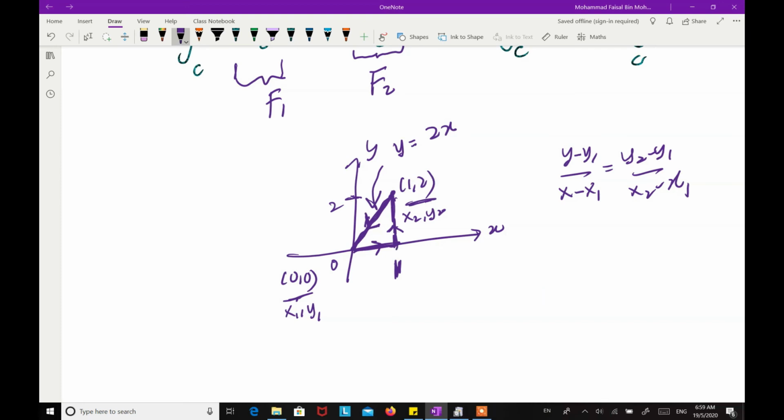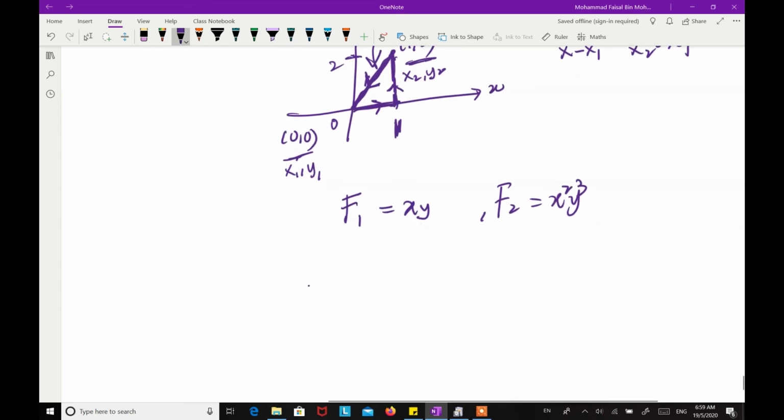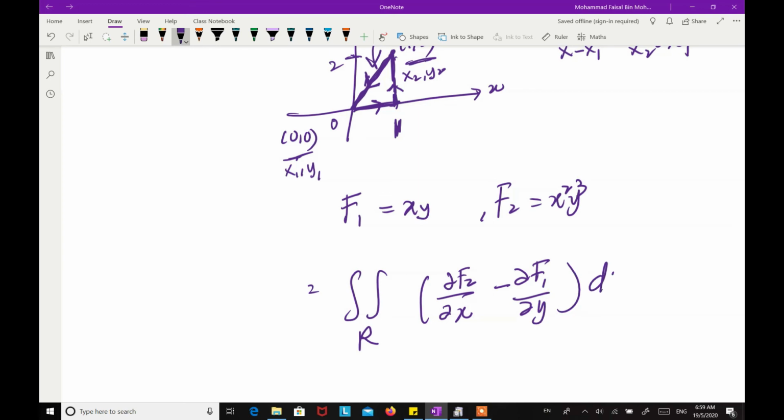Next, the formula of Green's theorem. From the question, f1 is xy and f2 is x squared y cubed, so it equals the double integral of del f2 over del x minus del f1 over del y dA.